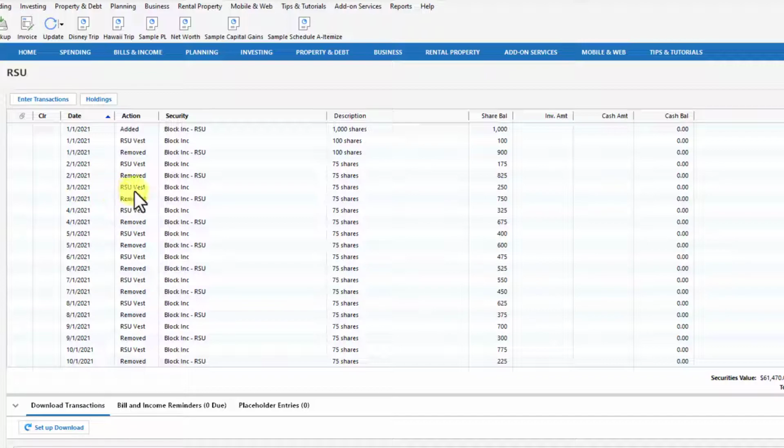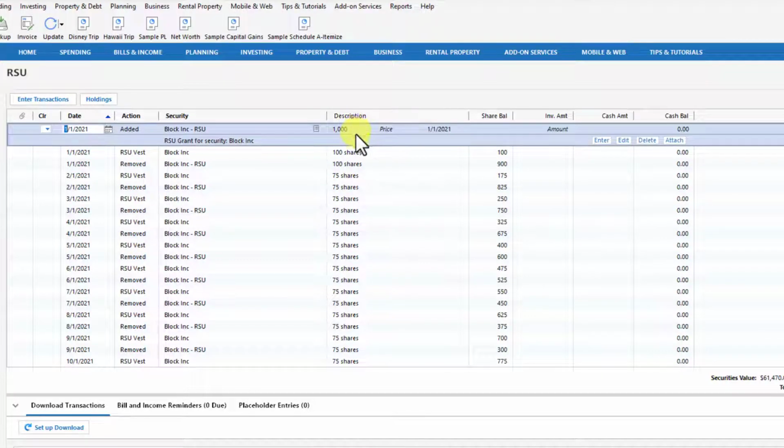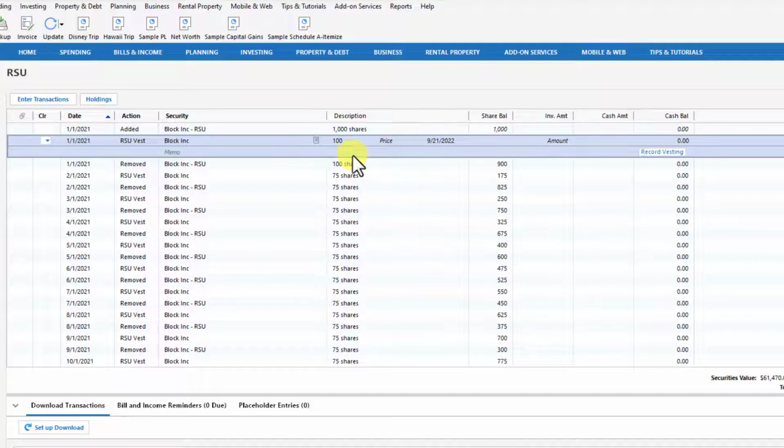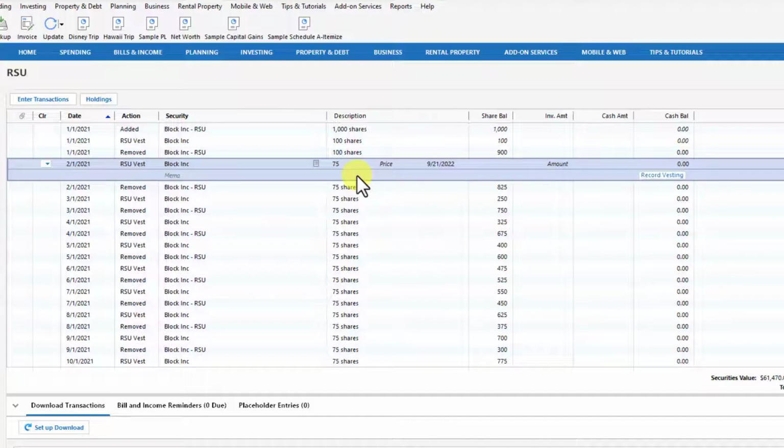So each month we get another vest, and then it removes RSU securities and replaces them with actual vest securities.